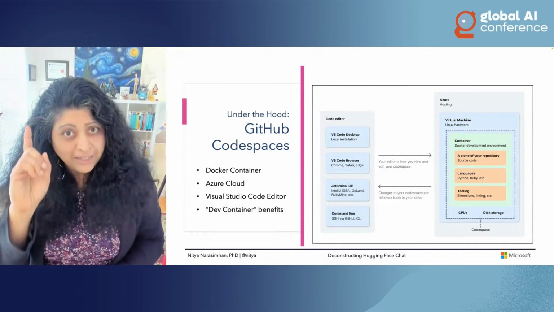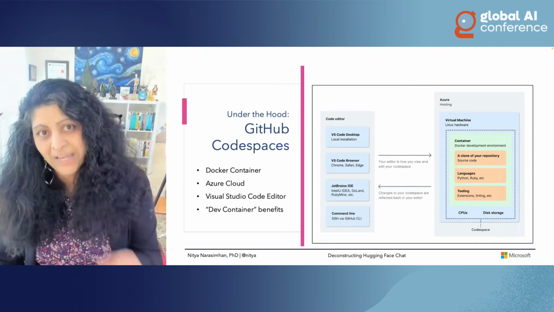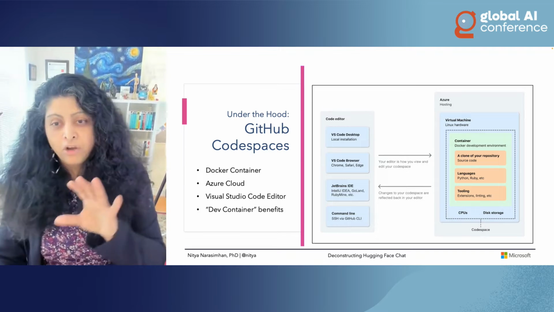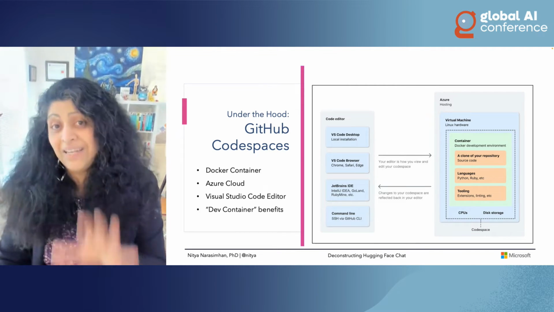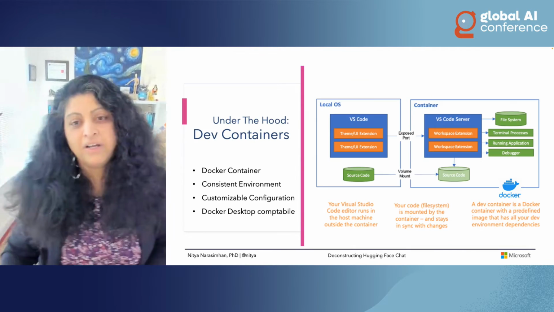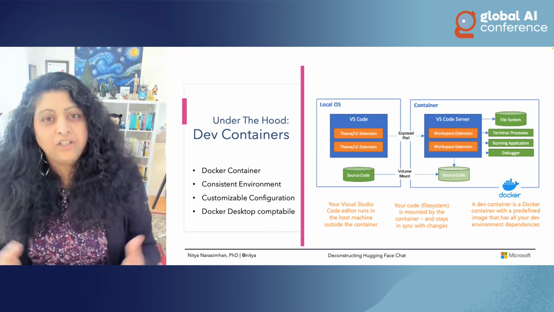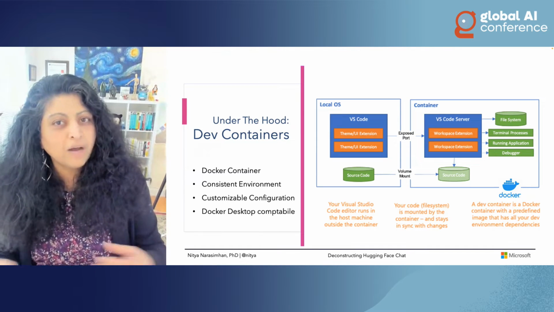Last but not least, it's a dev container. And I want to briefly tell you what dev containers are and why it's important we should be using them when we're doing something like this, where we're deconstructing an open source project that we've never worked with before. Under the hood, dev containers is really just a Docker container with a couple of additional benefits.